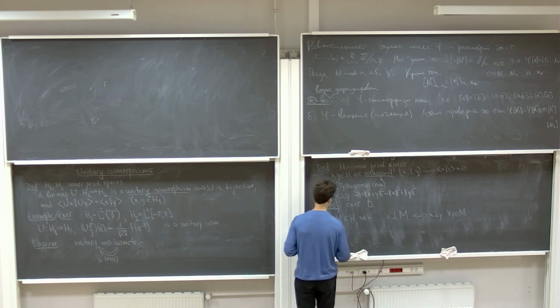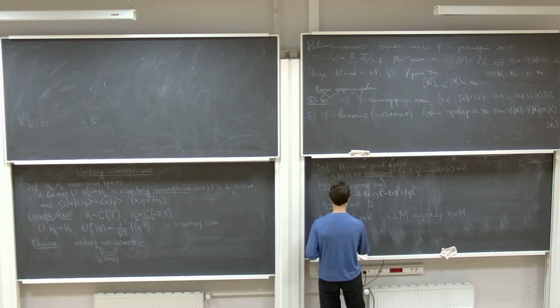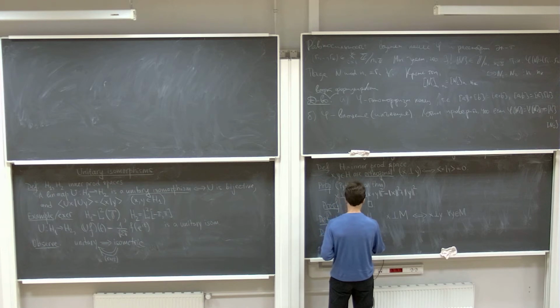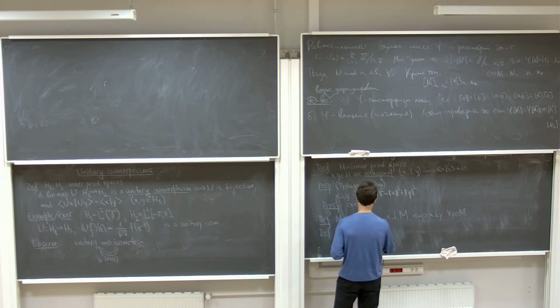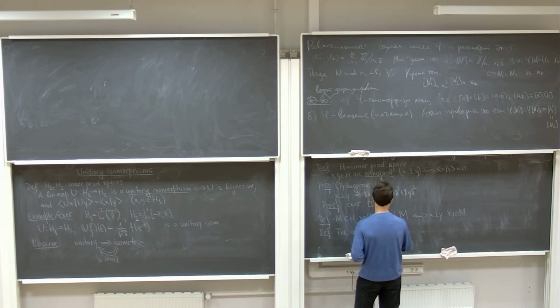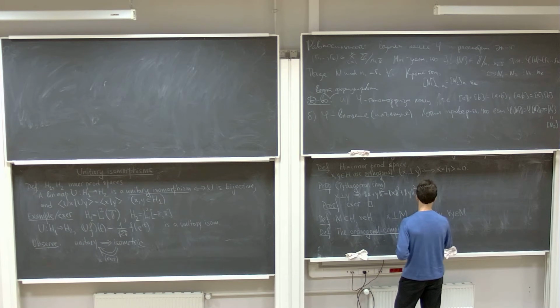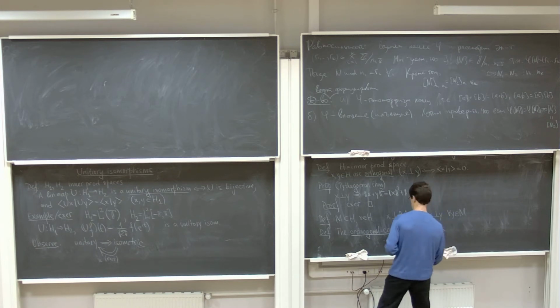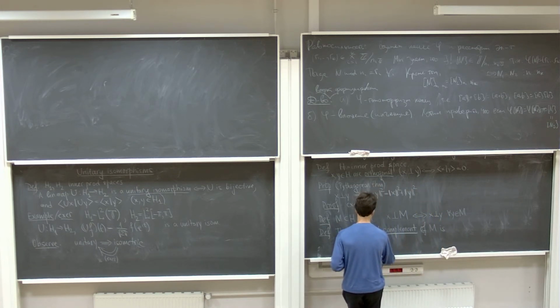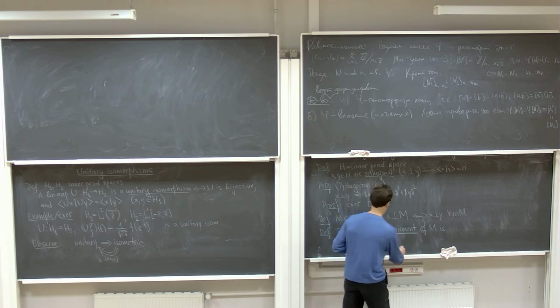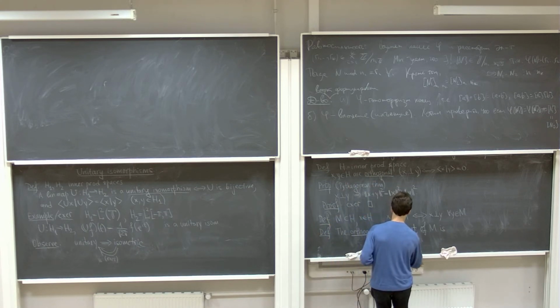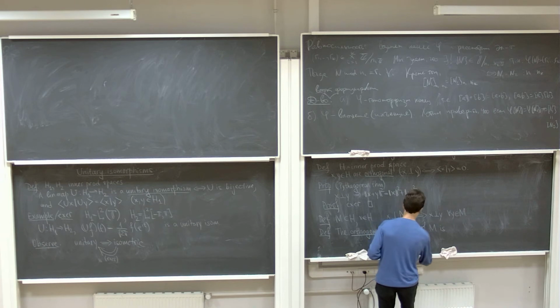This is the orthogonal complement of M. By definition, the orthogonal complement of M is the set denoted like this, which consists of all vectors little x in H which are orthogonal to M.